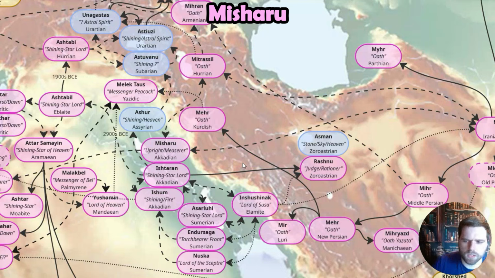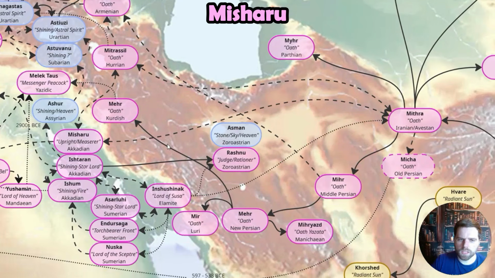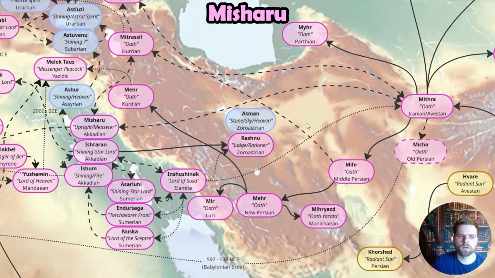I thought it's interesting that Misharu and Mithra are almost like the same word morphologically. If Mithra were to be translated into Akkadian, it would be Misharu. Yet the meaning of the terms is different. And I wonder if they might have had some influence on one another.